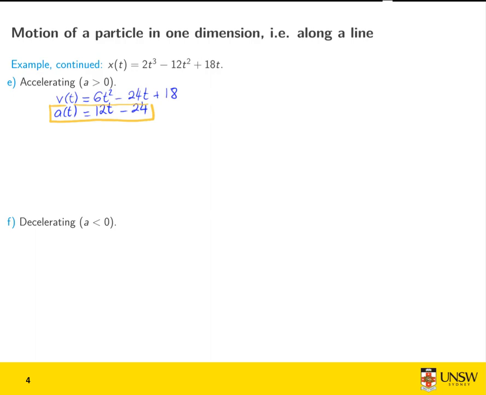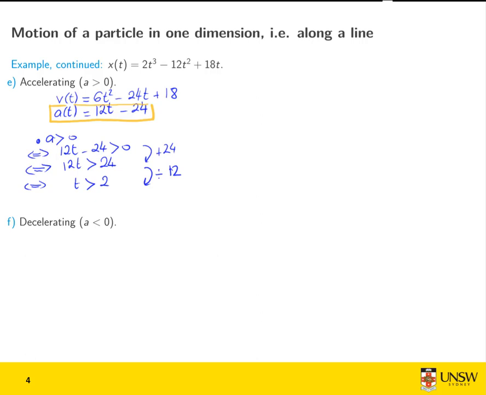Either we can just solve the inequality. The acceleration is positive if and only if 12t minus 24 is positive, which happens exactly when 12t is greater than 24. You get this by adding 24 to both sides. Now if you divide by 12, t is greater than 2. Since you're dividing by something positive, you don't have to change the inequality.